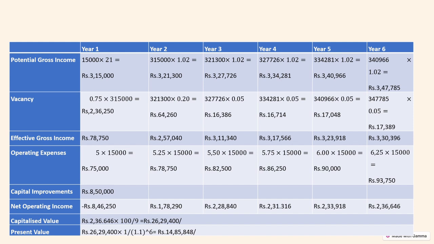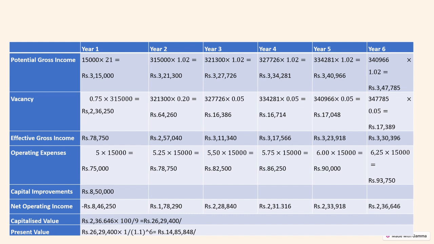So effective gross income will be 3,27,726 minus 16,386, which is 3,11,340. And see here, operating expenses are increasing by 0.25 rupees per year. So in the third year, it will be 5.5 into 15,000, so operating expenses will be 82,500, and net operating income will be 3,11,340 minus 82,500, which is 2,28,840. So similarly, you can find these values for the fourth year, the fifth year, and the sixth year.